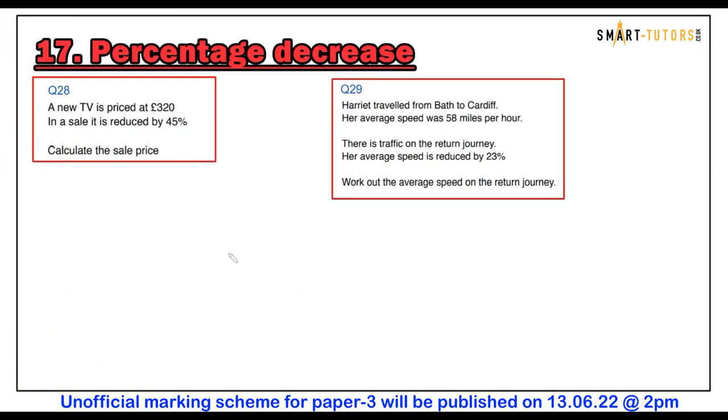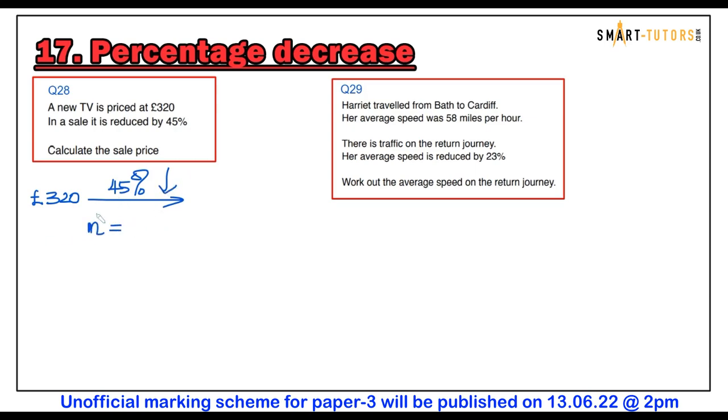Topic number 17, percentage decrease. A new TV is priced at 320. In a sale, it is reduced by 45%. Calculate the sale price. So 320 pounds is the original price of the TV, and there is a 45% reduction, so that means down. So we use a multiplier.